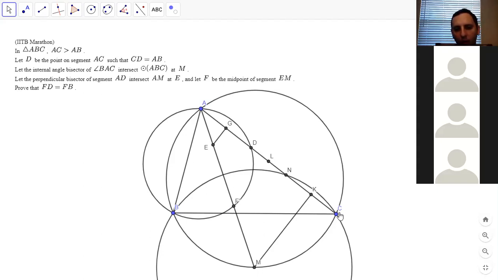I think it is obvious because the spiral similarity from B takes D to C and F prime to N. So BMC. So let's say BF prime M is equal to BDC, right?